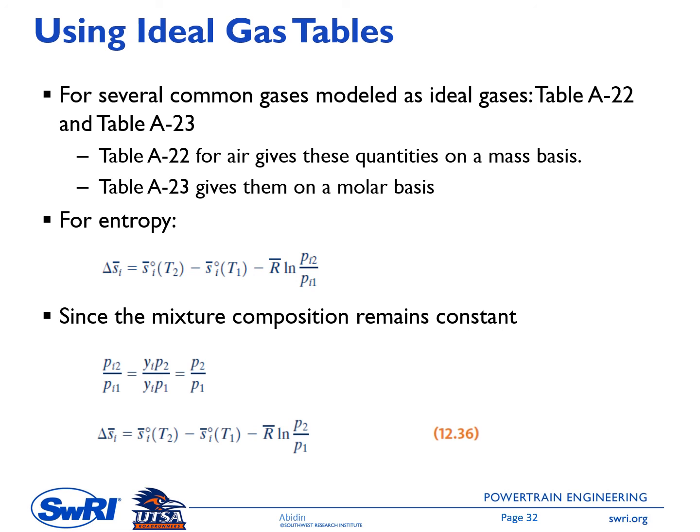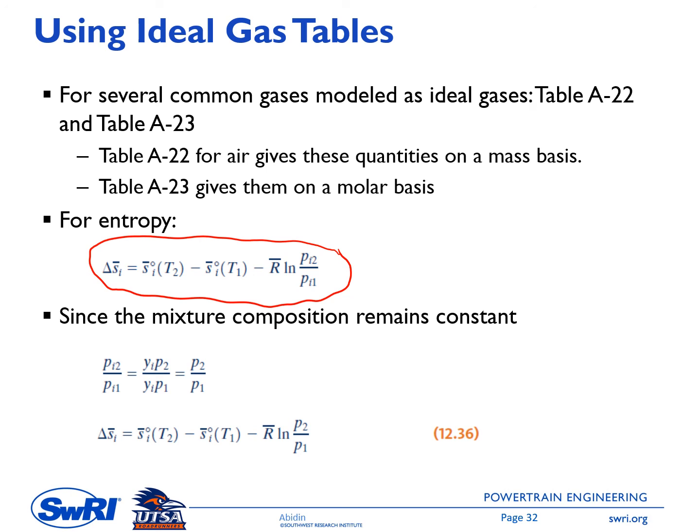And then for entropy, we will use the formula introduced in chapter 6, I believe, in THERMO 1, and it's shown here, but it is for component i. The original formula for delta s is s2 minus s1 equals R bar, the universal gas constant, times ln P2 over P1.